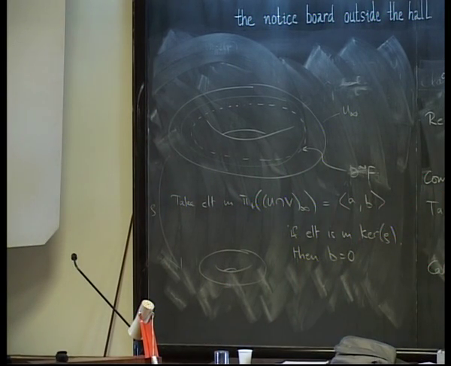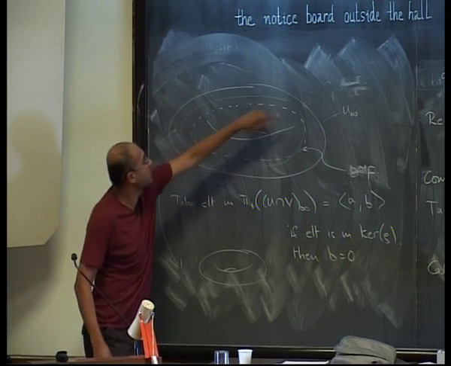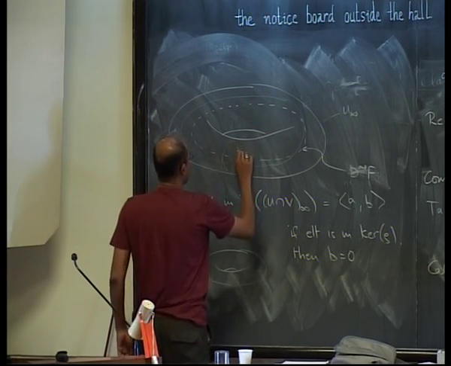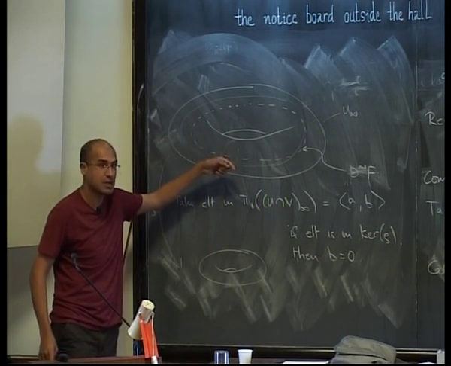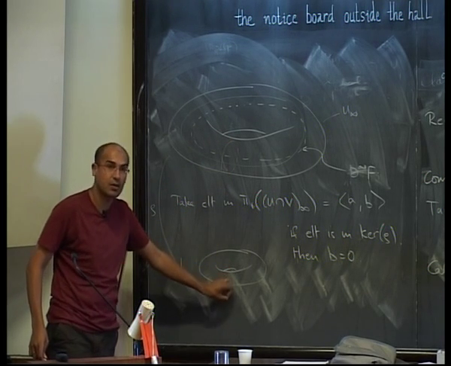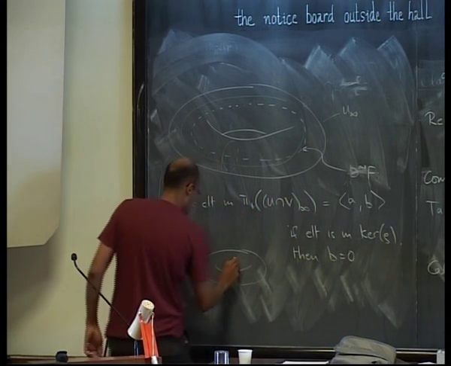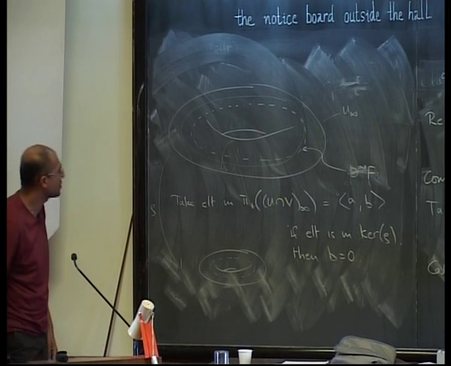On the other hand, so now you can just assume that the element in U intersect, so this is some curve that's close to the boundary. You can assume that the curve that's close to the boundary, or on the boundary, kind of loops around in this direction a bunch of times. And now what you want to know is when you push it down, can it bound? But remember, it's got to bound in the complement of this circle.